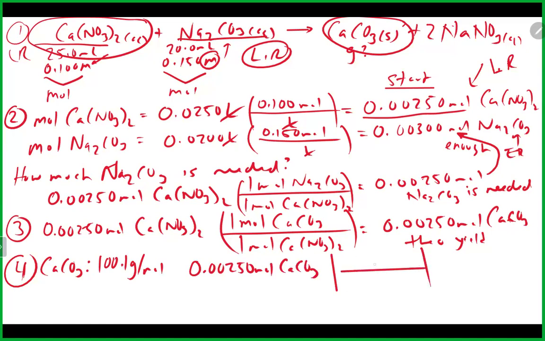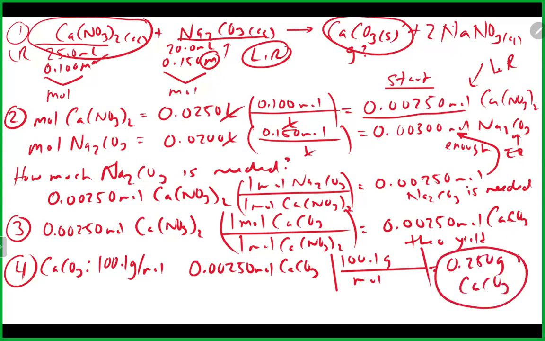I guess we'll just do it that way there. And we're going to put the grams up on top and the moles on the bottom. And that's going to get us here, looks like 0.25 grams of calcium carbonate would be formed. That also is the theoretical yield in grams in this case.